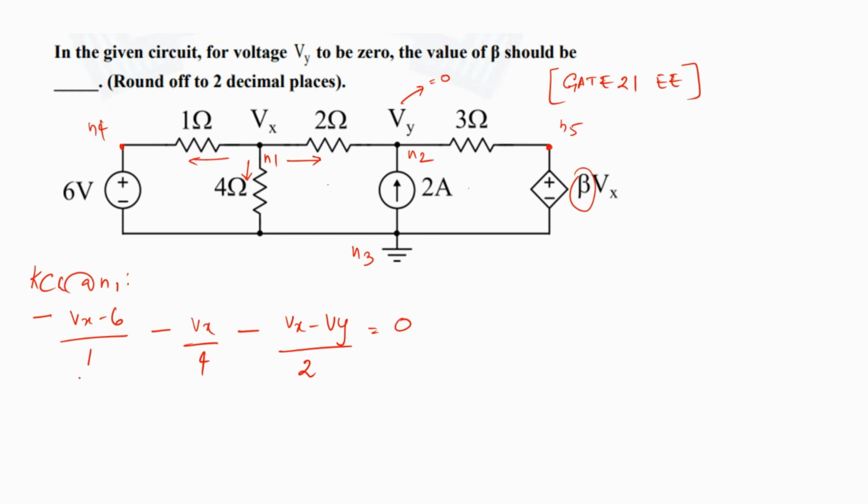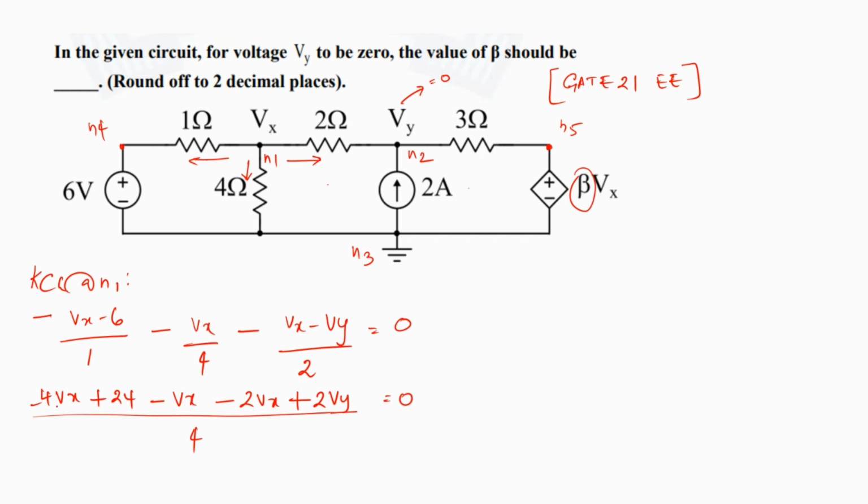So let me simplify this. We can now take 4 as my LCM. So we'll get minus 4Vx plus 24 minus Vx minus 2Vx plus 2Vy is equal to 0.